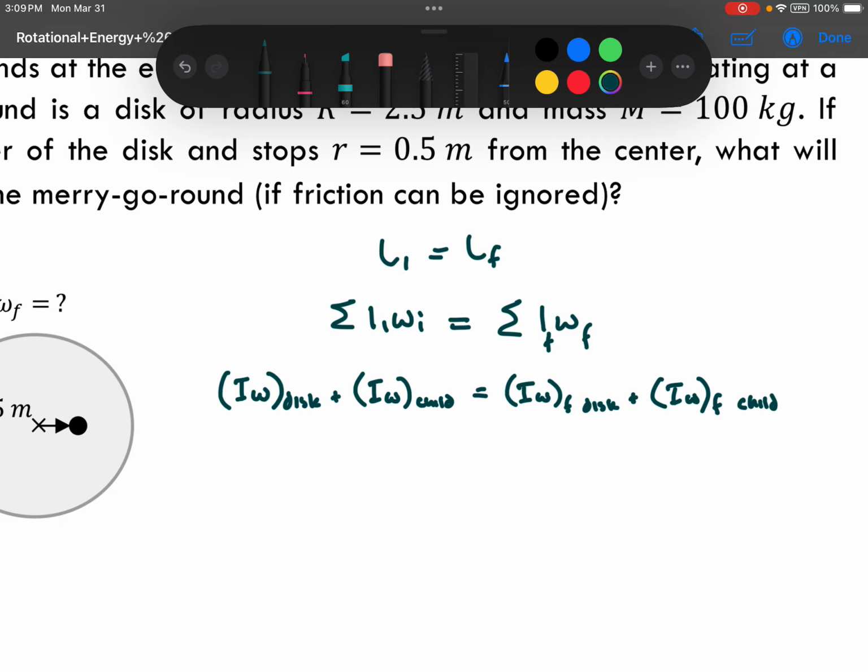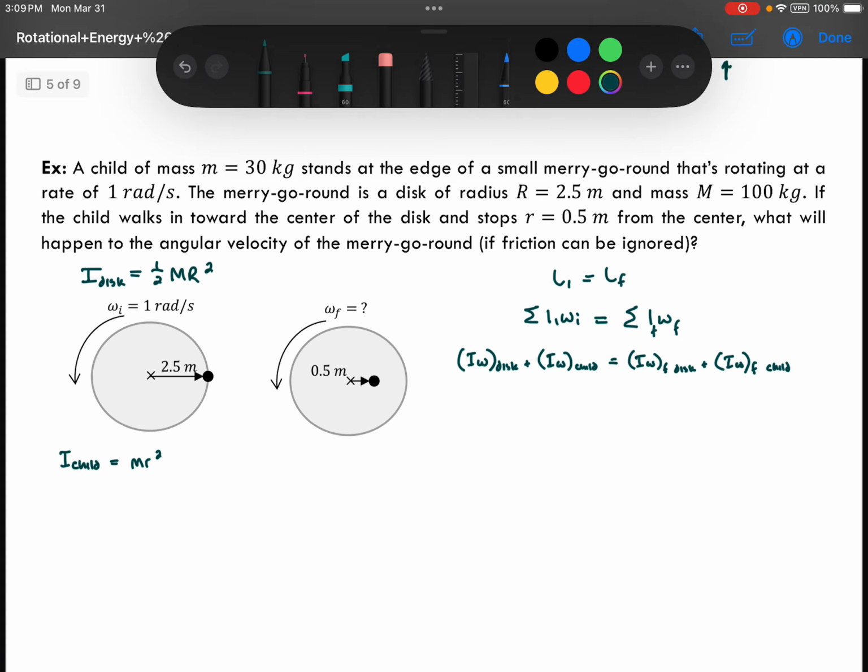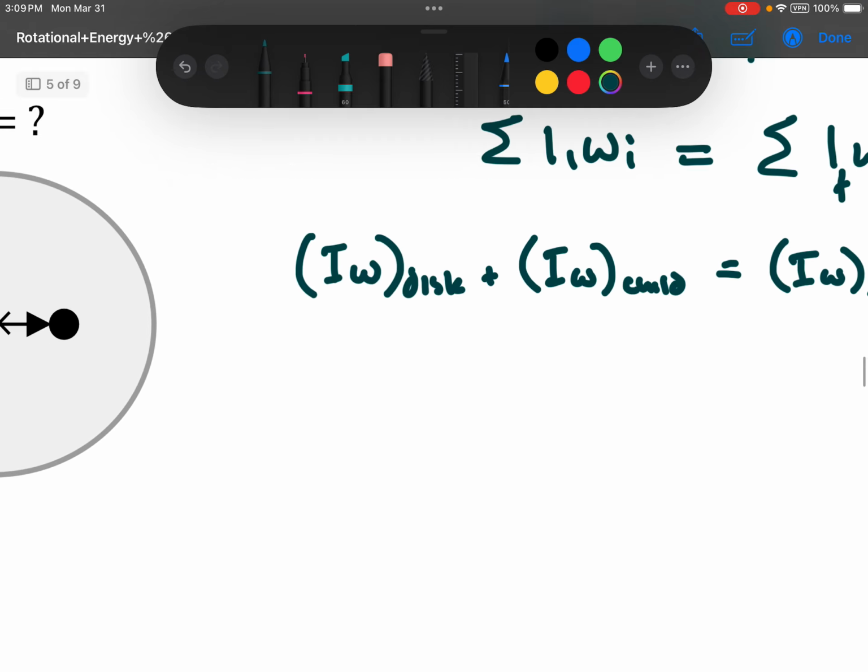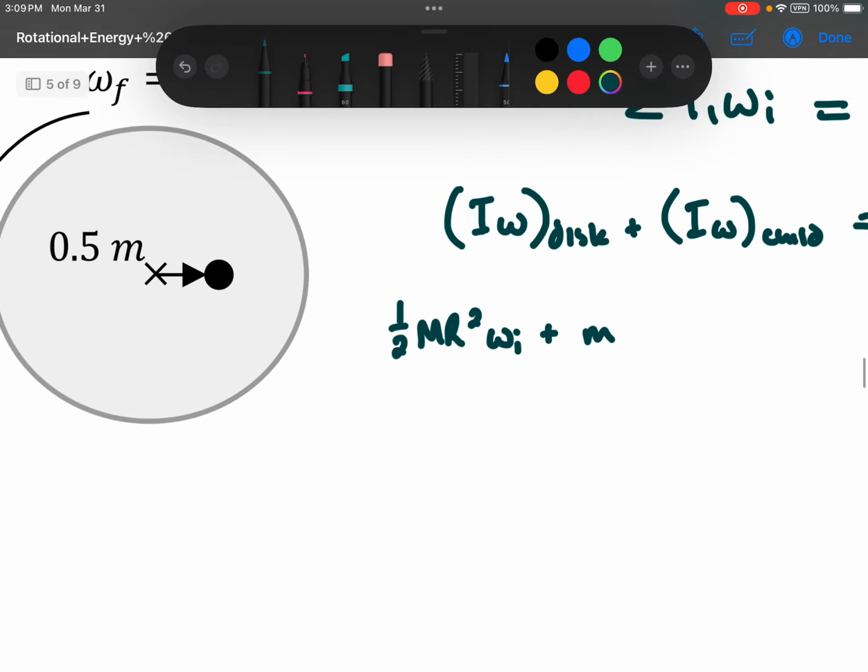Now we just want to put in those expressions for I. So I for the disk is 1/2 big M big R squared, because that's what they used to describe the merry-go-round, times the initial angular velocity, plus the child, mass little m.